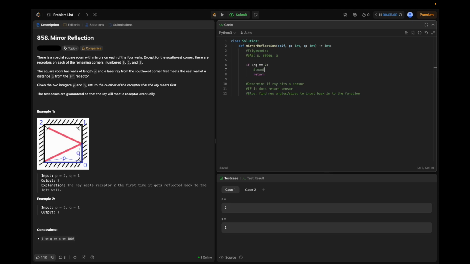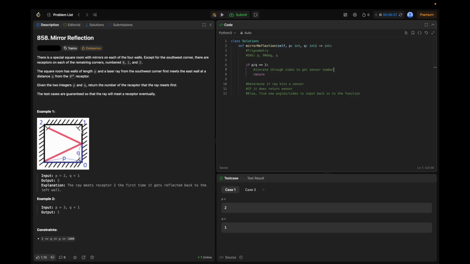Turn count, or iterate through sides to get sensor number. Because essentially, on the first pass, you're trying to hit 2, and if it's below half, then it'll hit the top wall, and you'll try to hit the southwest corner, which won't work. Then here, here, here. Oh my god.